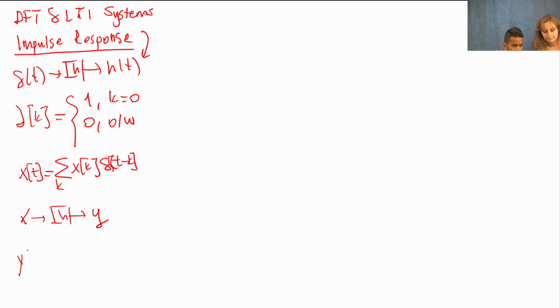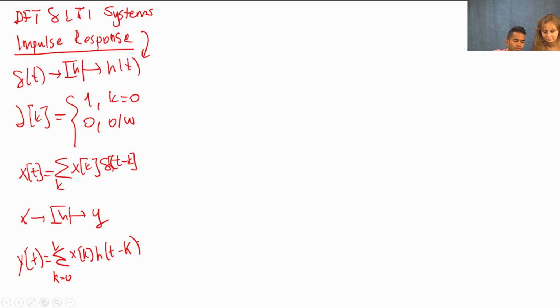So your y of t would end up being a sum from k equal to 0 to the length of the signal. We'll call this L, of x of k and h of t minus k.